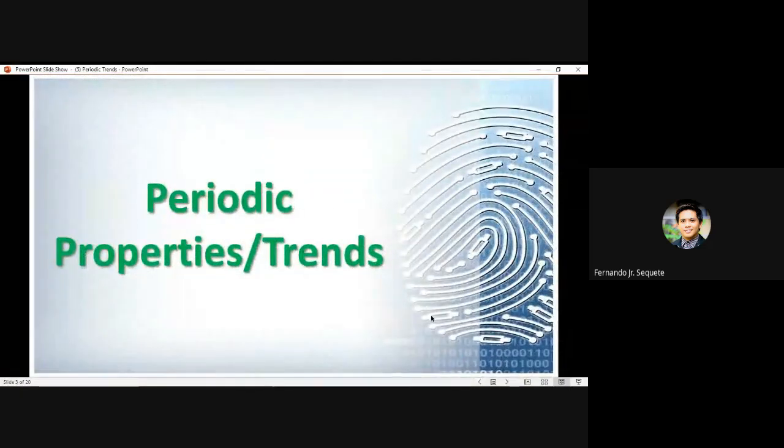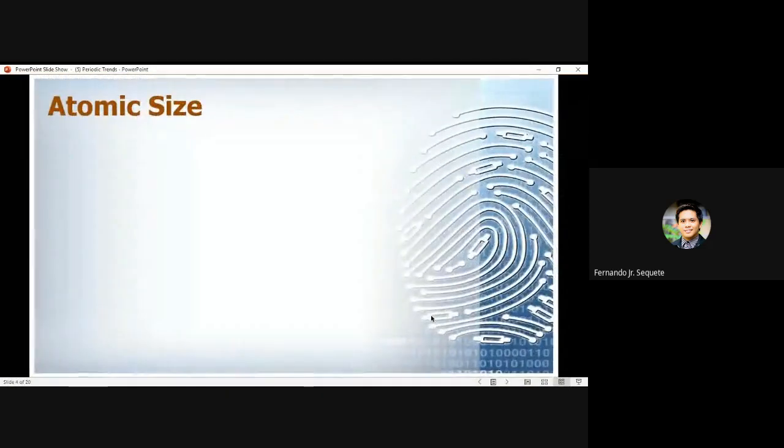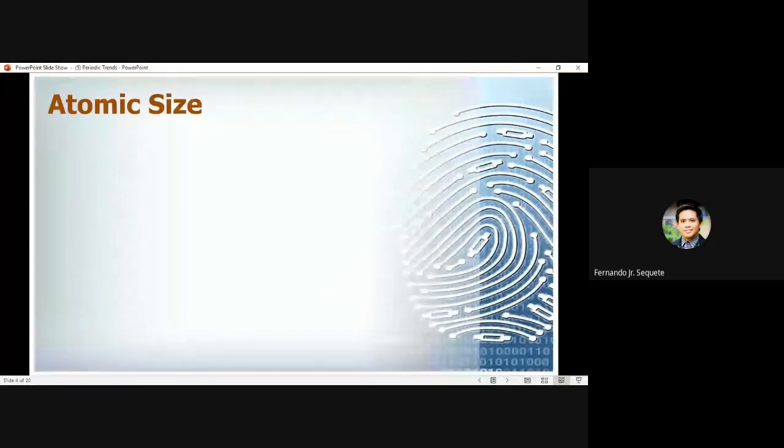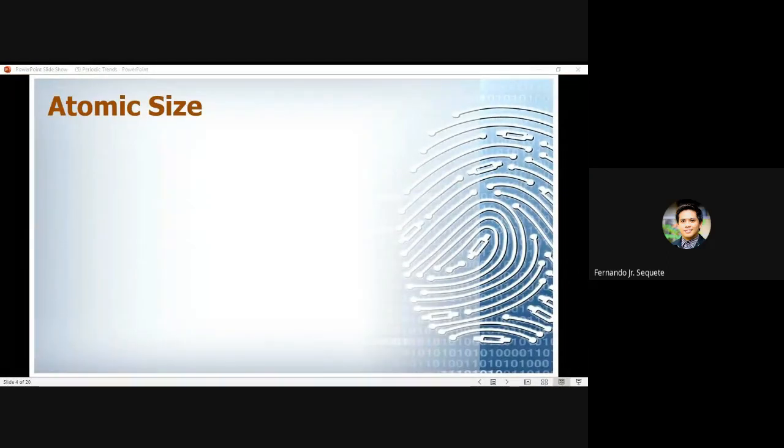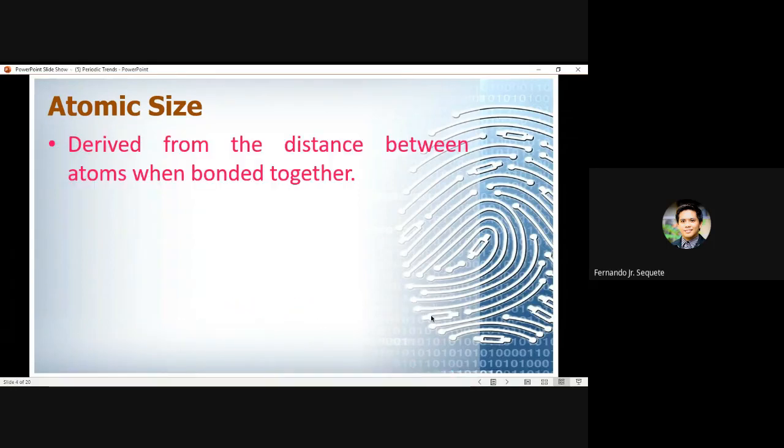Okay, so here are the periodic properties and trends. The first one is the atomic size, derived from the distance between atoms when bonded together. When you bond different elements, the atoms do not literally bond; rather, there is a distance, and we call it atomic size.